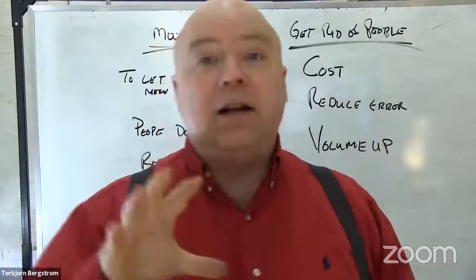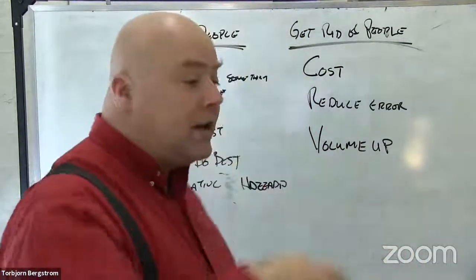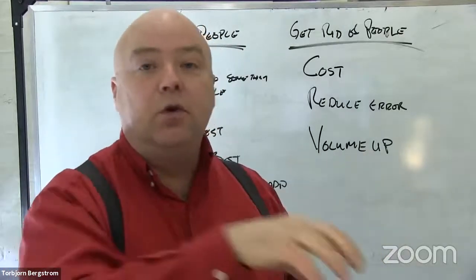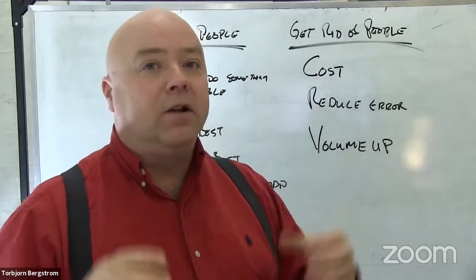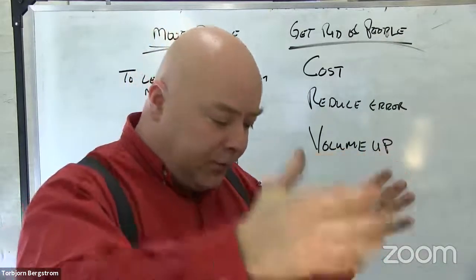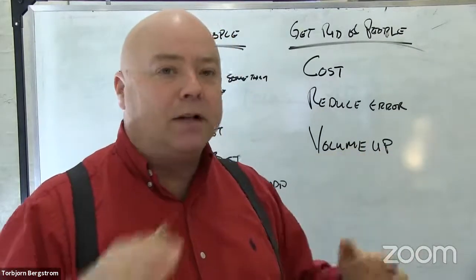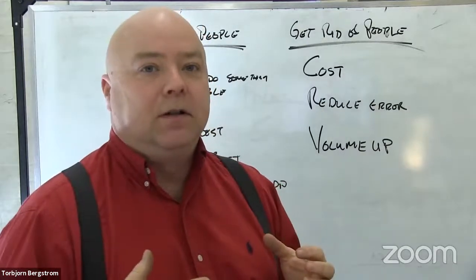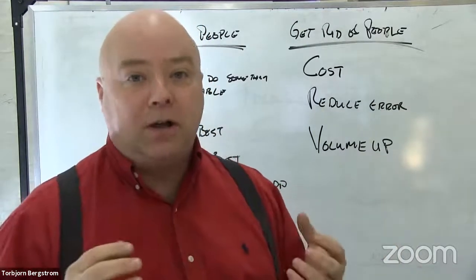And so that can include things like using pick and place robots to move parts around. It can include using pick and place robots to fill up packages and then have boxing machines close the packages. And so that's all automation.